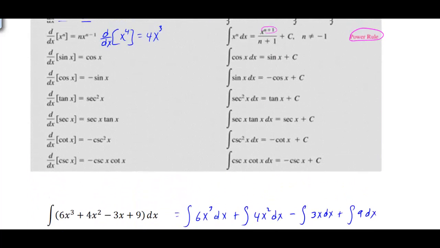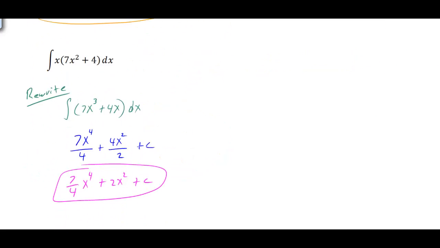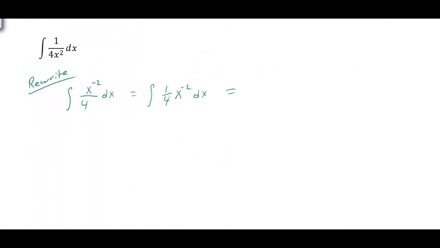So as we did up here above, in this step here, notice we have k f of x. You could pull this k out front. So we're doing the same thing here like we did the 2x squared. We pulled the 2 out front. So down here we're going to do the same thing with the 1/4, and we could write this as 1/4 the integral of x to the -2 dx.